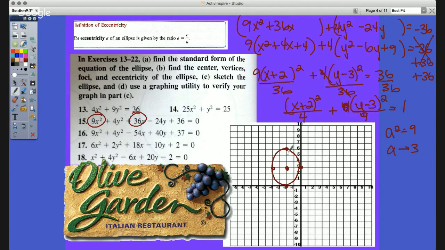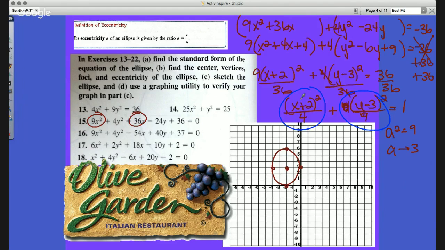So that's my ellipse. Again, my major axis being up and down because it's underneath y, and my minor axis is on the x or on the horizontal side. So my foci is going to transform up and down this line right here. So how do I find what the distance is from the center?